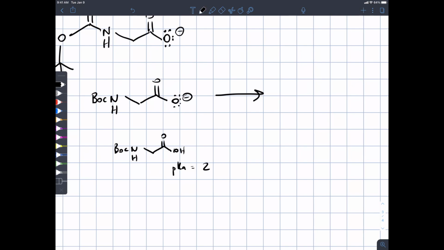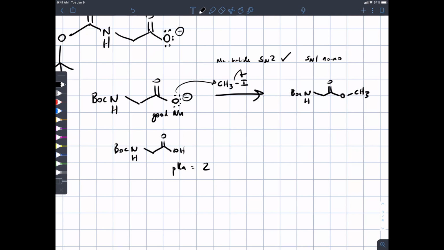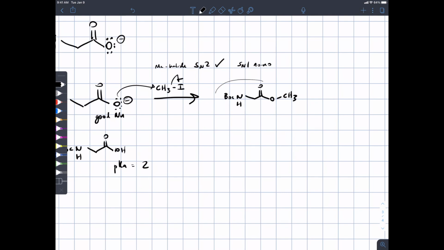In any case, yes, you could use an alkyl halide and do an SN2 reaction. This is a good nucleophile, and this electrophile is a methyl halide, which, you know, SN2 is great, SN1 is a no-no, and therefore the product would be the corresponding substitution product, where we swapped out this whole thing for the iodide.